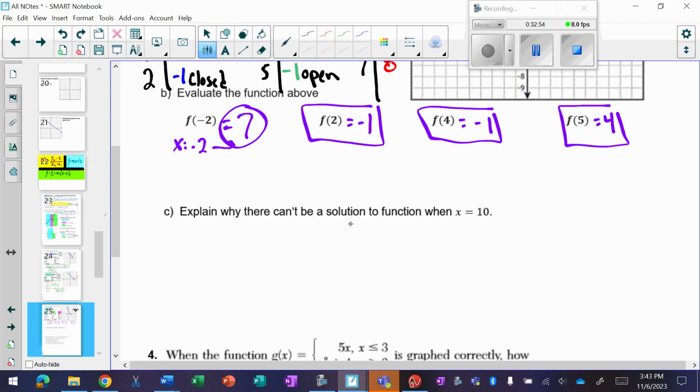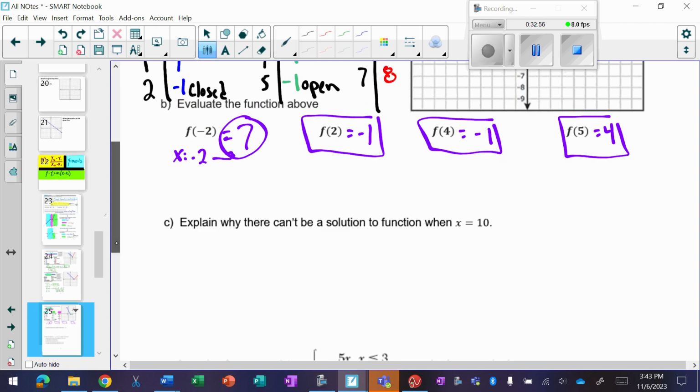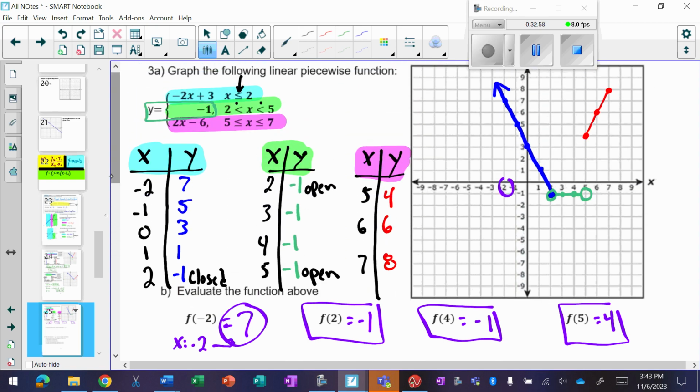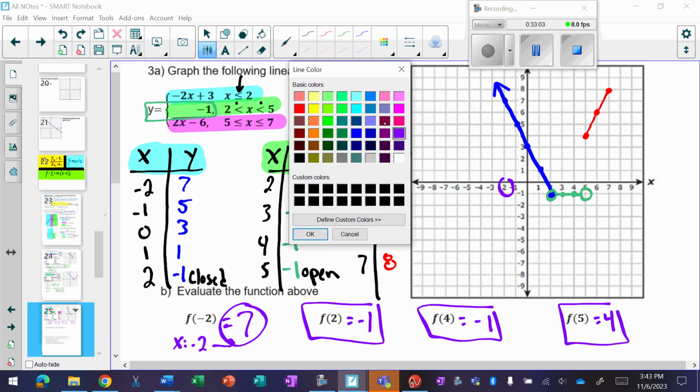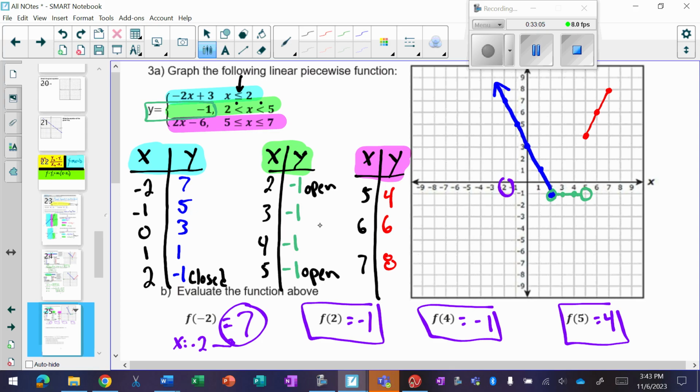Explain why there can't be a solution for the function when x equals 10. If you look closely at what we graphed, our graph stopped at an x value of 7, so there is no more domain or graph beyond that x value. Our graph stops at an x value of 7.